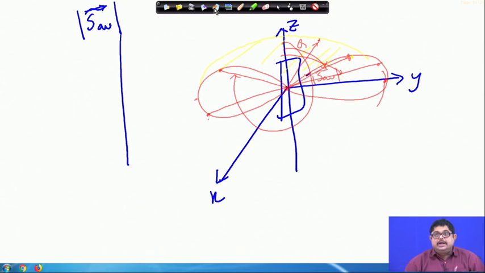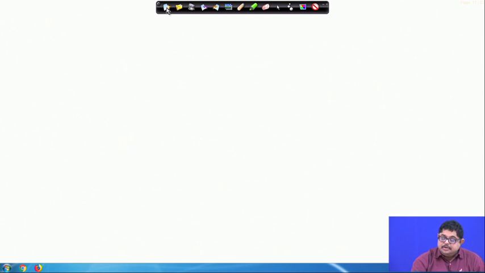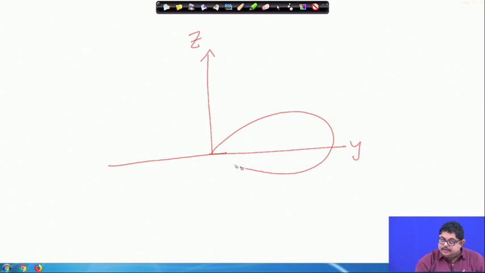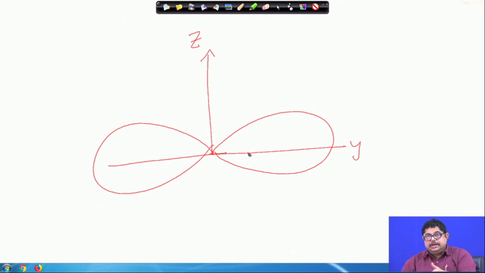So, what we do generally, this type of 3 dimensional pattern, we plot as 2 dimensional patterns. So, what is a 2 dimensional pattern? Let us say that I am taking only the ZY plane.